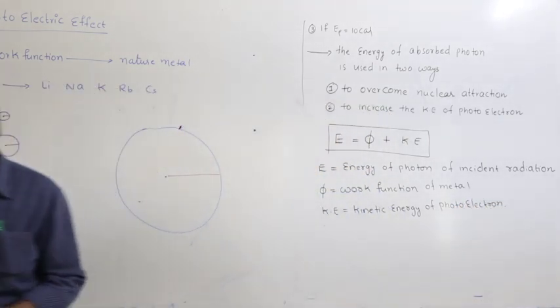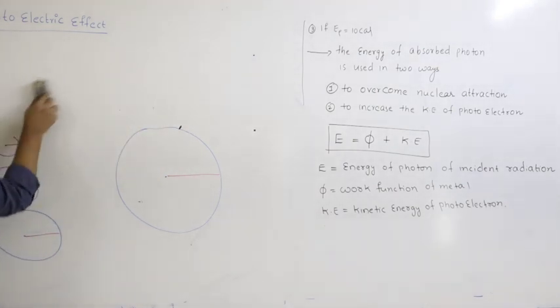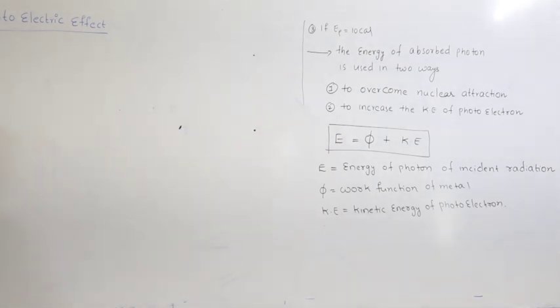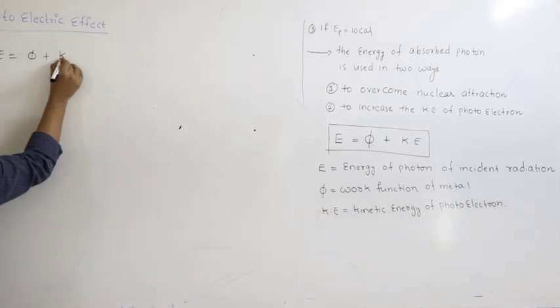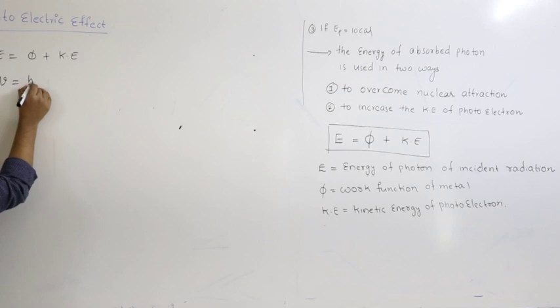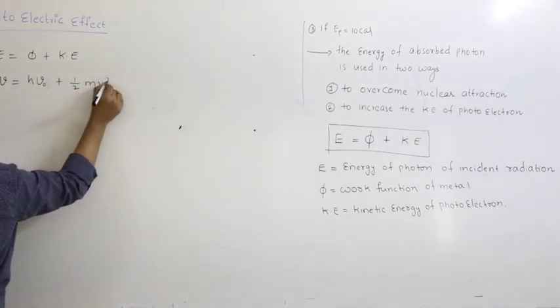Kinetic energy of the photoelectron. So how do you calculate the energy of the photon? h nu. Work function, h nu naught. Kinetic energy, half m v square.